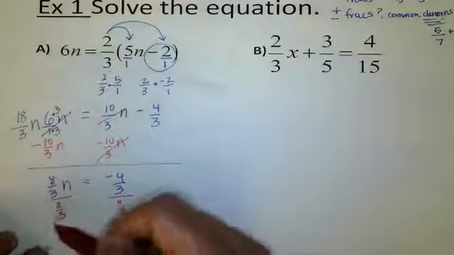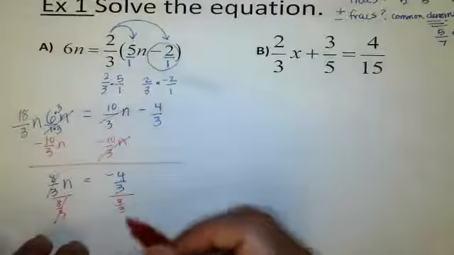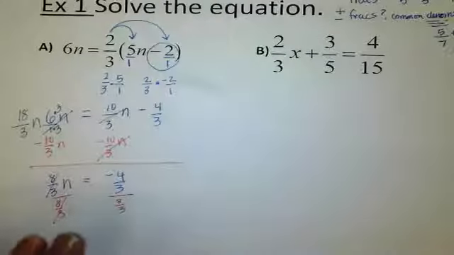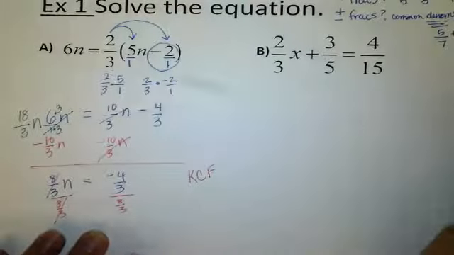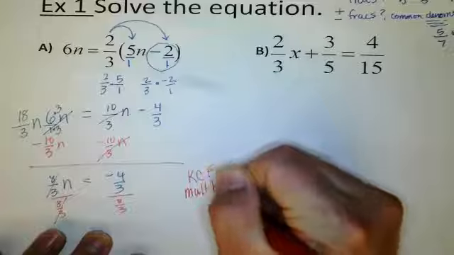8 thirds divided by 8 thirds is 1. That's great and all. But over here, I hate dividing by a fraction. What can I do instead? Flip and multiply. Yeah. So I don't know if you remember keep, change, flip. Have you heard that before? Keep, change, flip. Or I like to say multiply by the reciprocal.